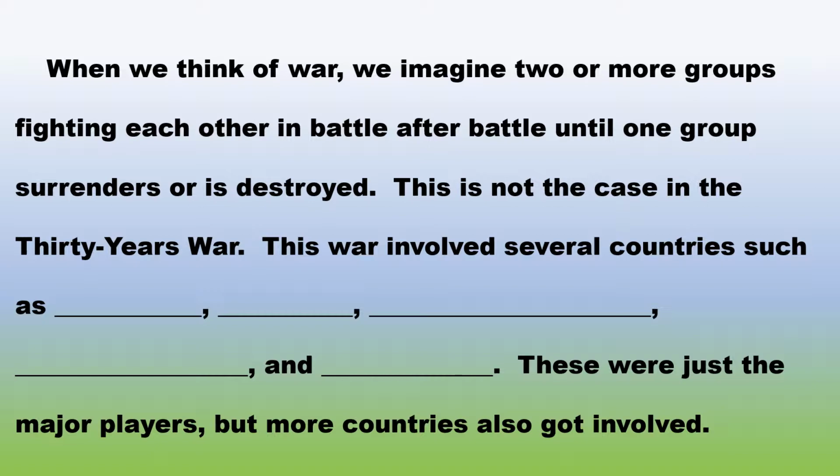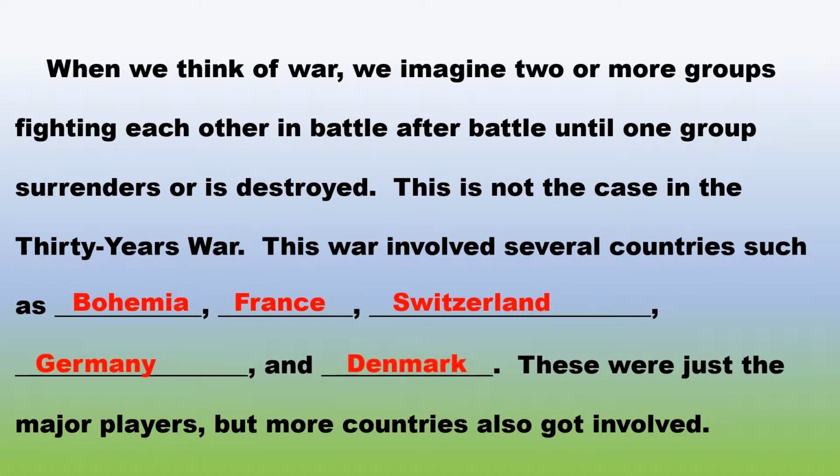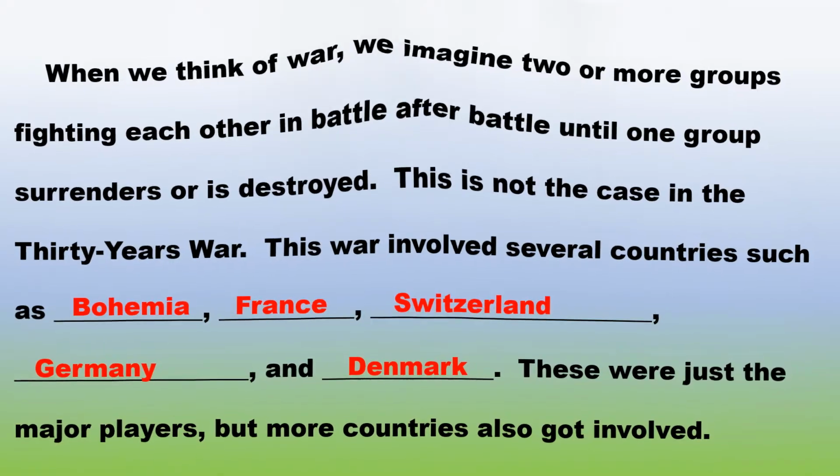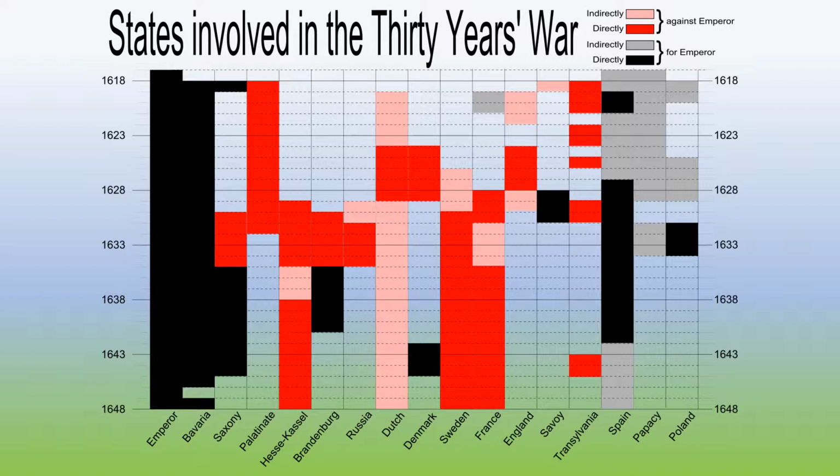factor. This war involved several countries, including Bohemia, France, Switzerland, Germany, and Denmark. These were just the major players, but there were a lot more countries involved. Here's a look at some of them.